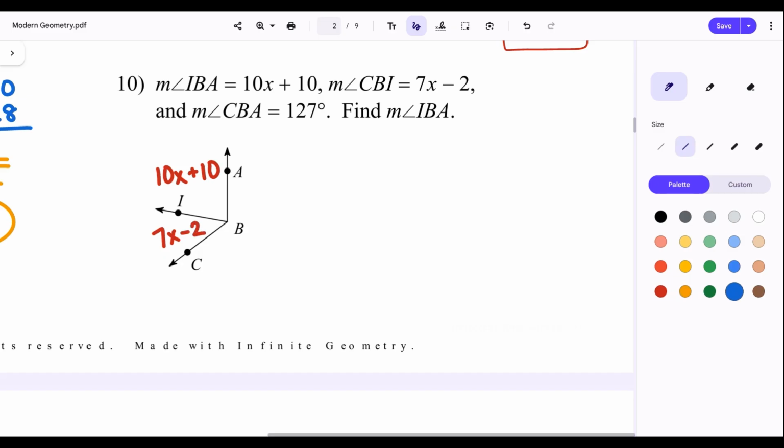And then it says that angle CBA, which would be this entire thing here, is 127 degrees. They want us to find the measurement of angle IBA. So we're going to have to solve for x first and then use that to plug in for that specified angle. So how do you guys think we need to set this up?